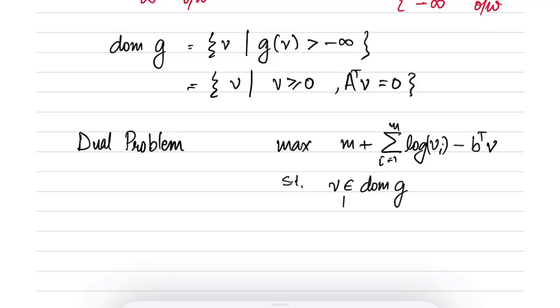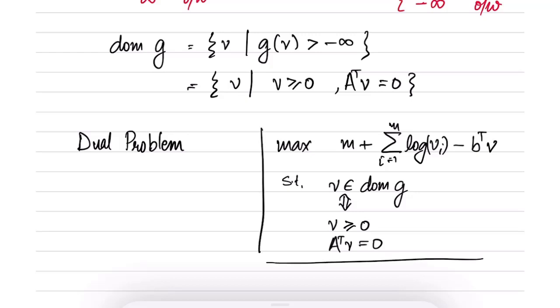And these constraints are written as nu greater than or equal to 0 and A transpose nu equal to 0, because this is exactly the domain of G. So this is our dual problem. We have explicitly written down the implicit constraints in order to not specifically define the domain of G. So this is a dual problem with respect to nu.